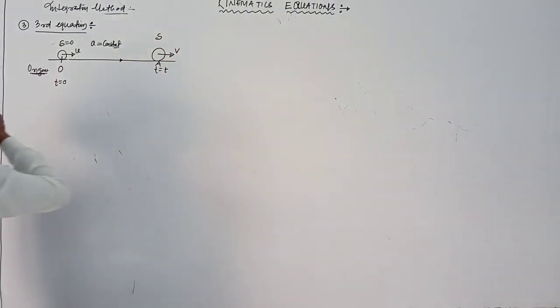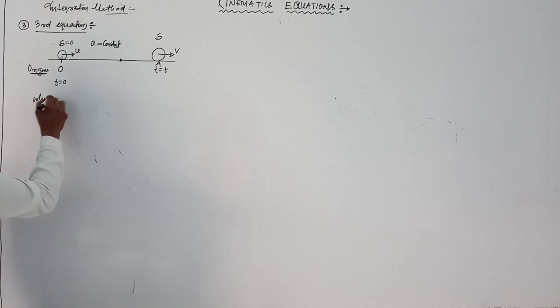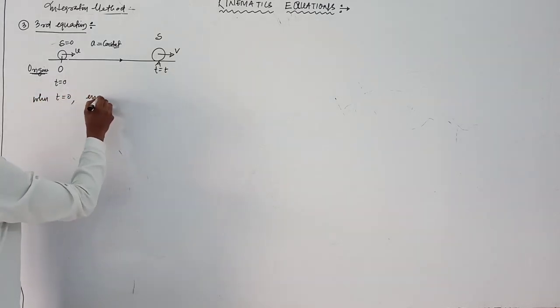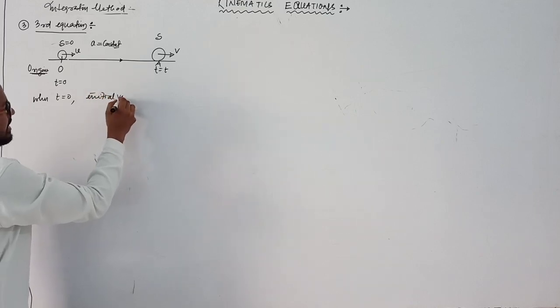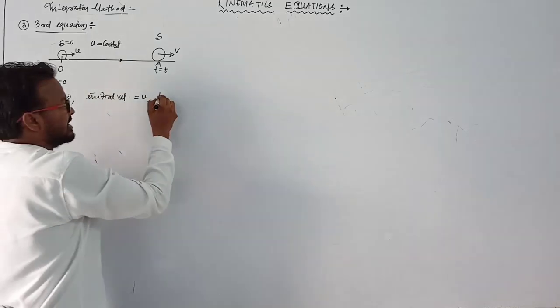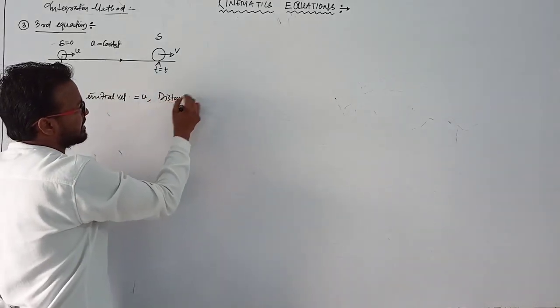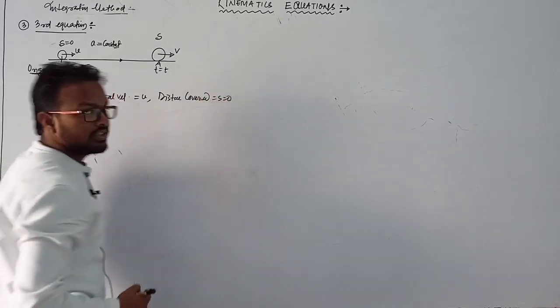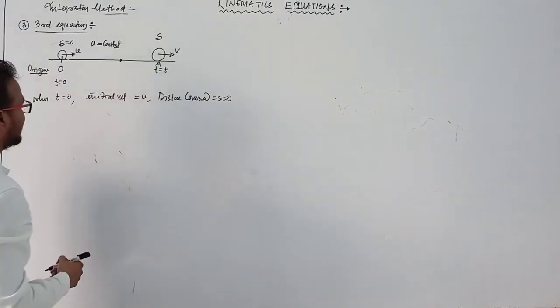Clear? So you can write here, when time t equals 0, at that time the initial velocity of the body is u, and the distance covered is s equal to 0. This is the initial case. Then come to the final case.